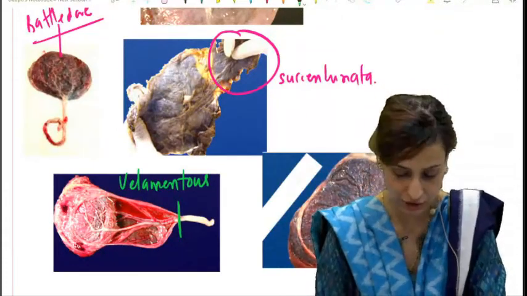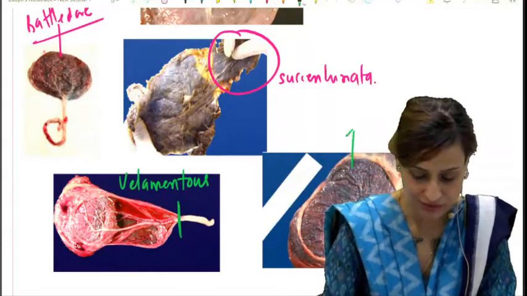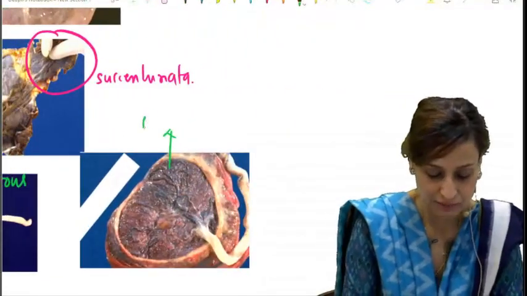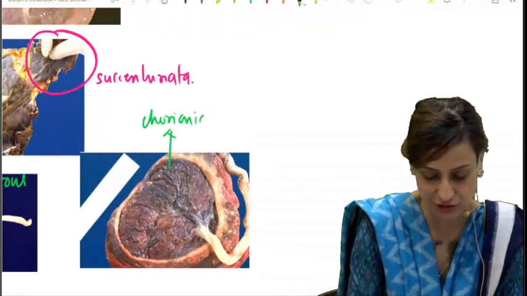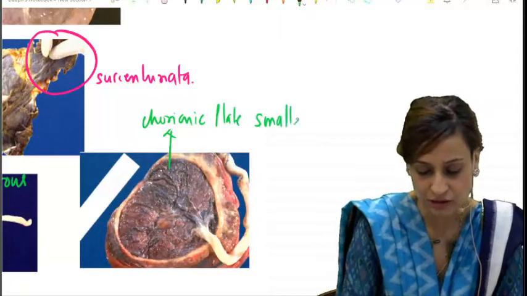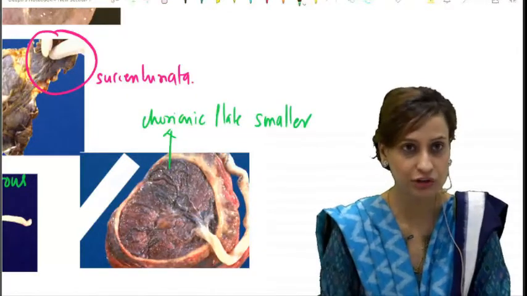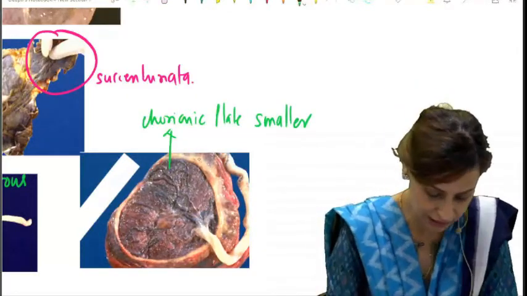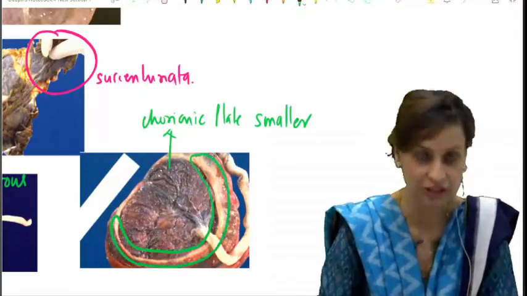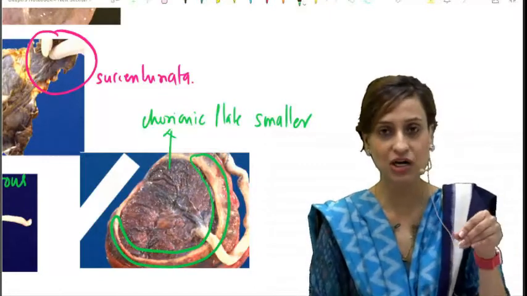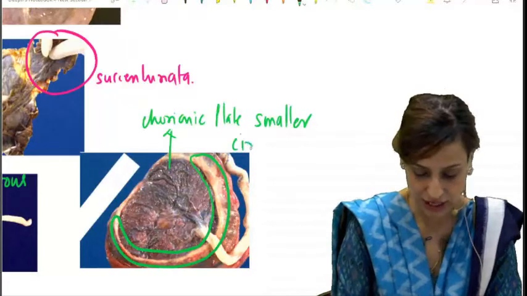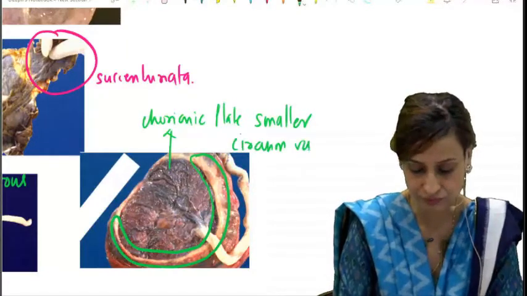And in this one that you see here, the chorionic plate is smaller than the basal plate. This is the first thing that you should identify. The chorionic plate is smaller, and the junction of the chorionic plate and the basal plate can be seen by this rolled out or raised margin. So when you see this raised margin between the chorionic plate and the basal plate, this is called circumvallate.